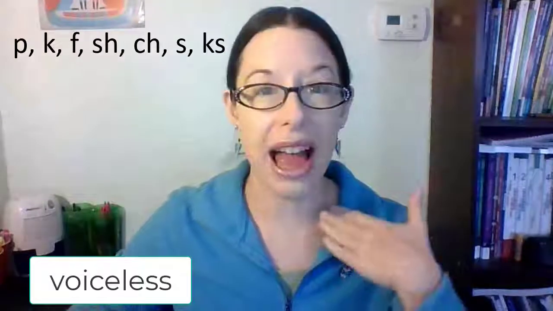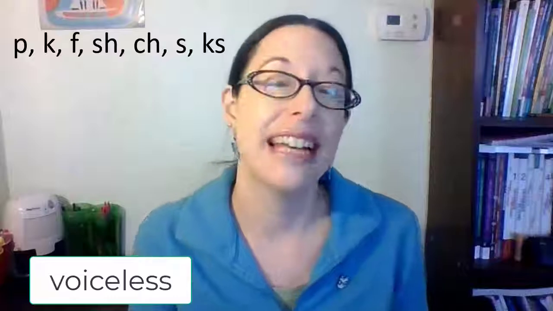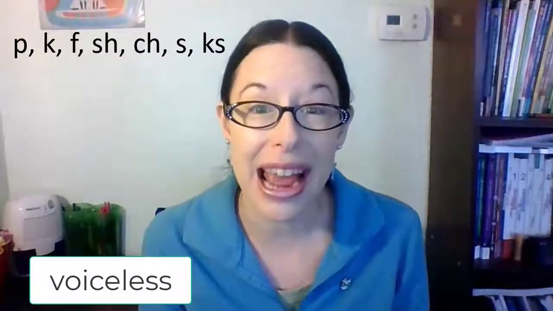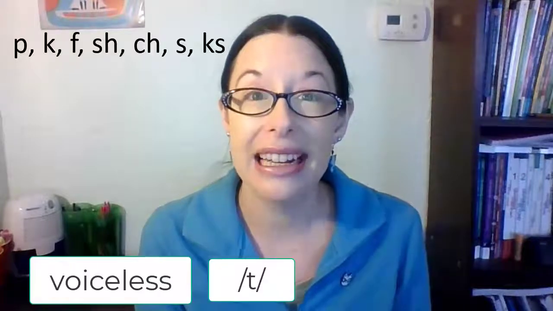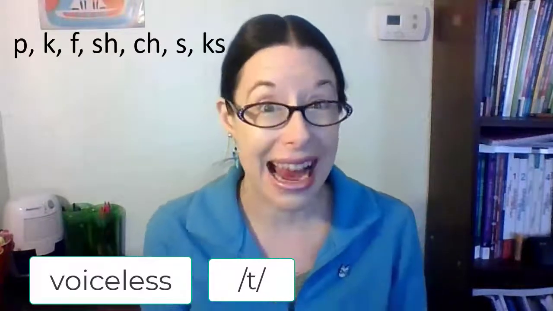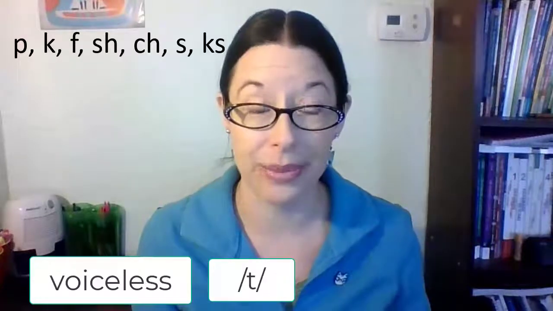You shouldn't feel any vibration. That's because those sounds are voiceless. Now, if a word ends in a voiceless sound, you add t, and you don't add a new syllable.